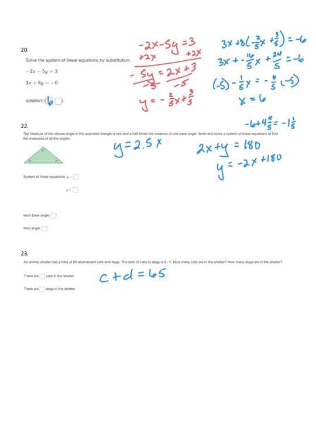So one way I could write that equation would be C over D equals 6 over 7. And I could use cross products to say 6D is equal to 7C.